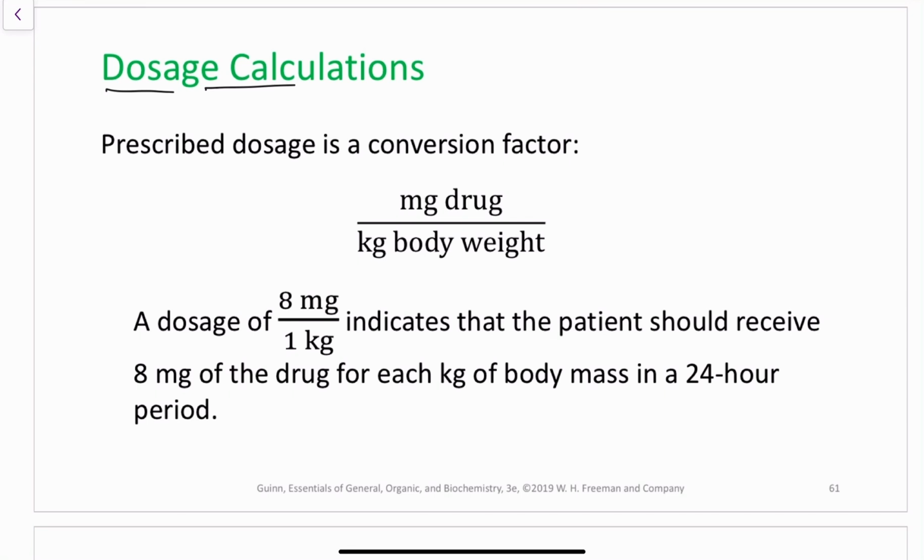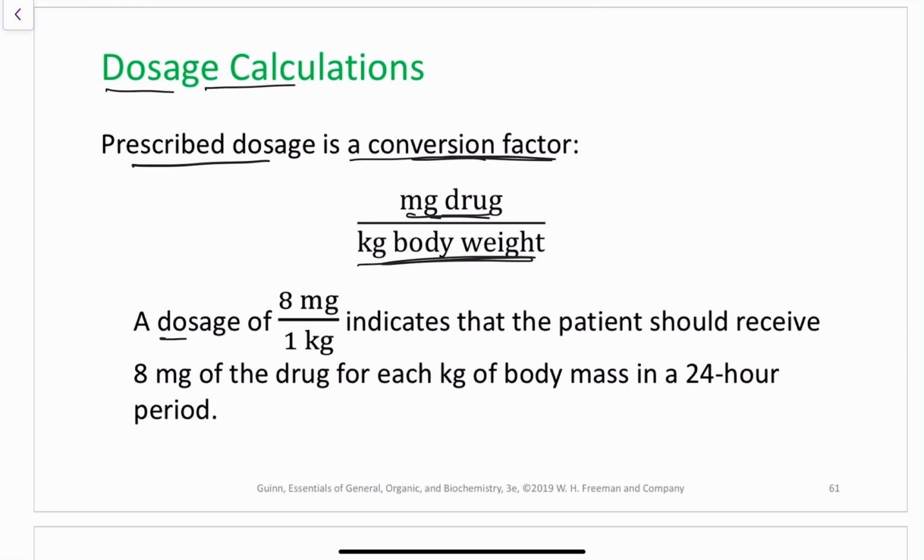So how do we normally read the prescribed dose, right? The prescribed dose is a conversion factor, and it's usually written in milligrams of the drug per kg of body weight. So how many milligrams of that particular drug should be given to a patient for a certain kilogram of body weight, right?